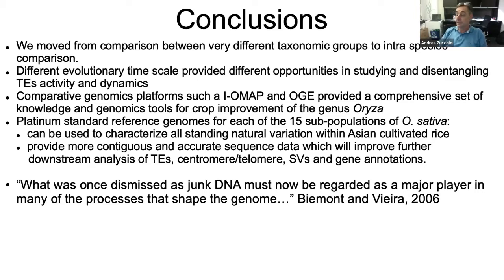In Oryza, platinum standard genomes for each of the subpopulations of sativa can be used to clearly characterize the natural standing variation within Asian cultivated rice, and will also provide accurate sequence data for further analysis of TEs, centromeric regions, telomeric regions, structural variants, and gene annotation.